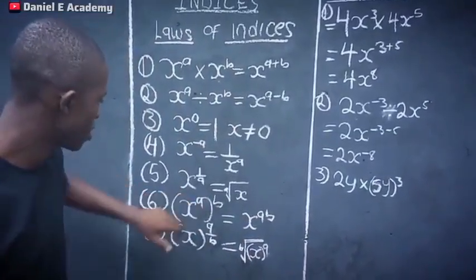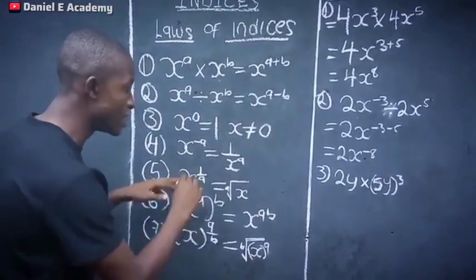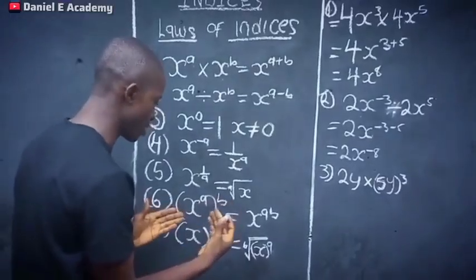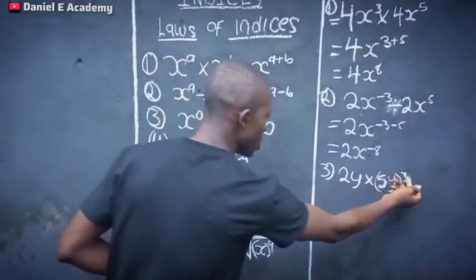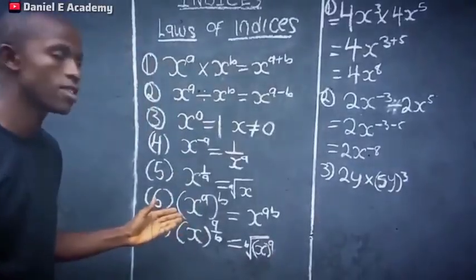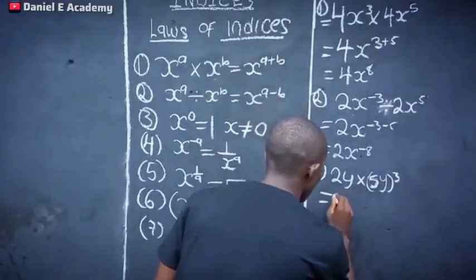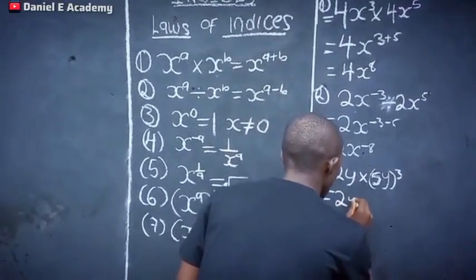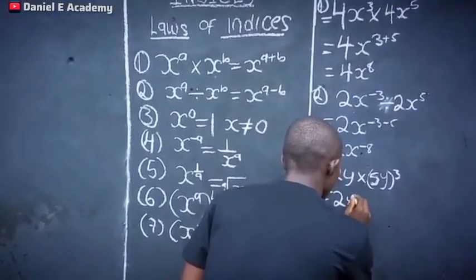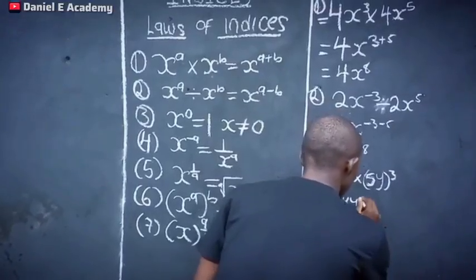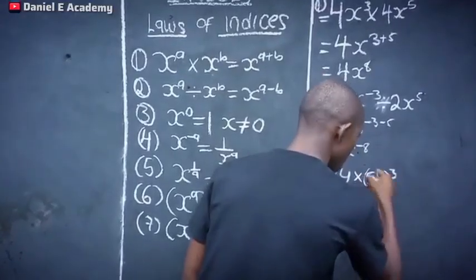Yeah, the sixth law. When it's in a bracket, you open the brackets first. That means the 3 affects whatever is in the bracket. So 2 multiplied by 5 power 3, multiplied by y, and the 3 affects the y.